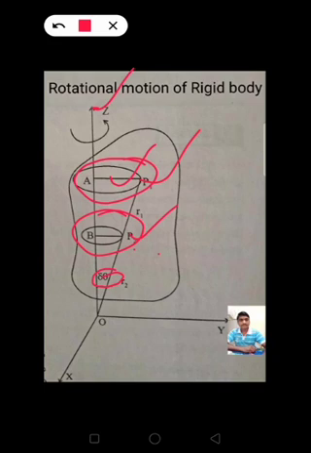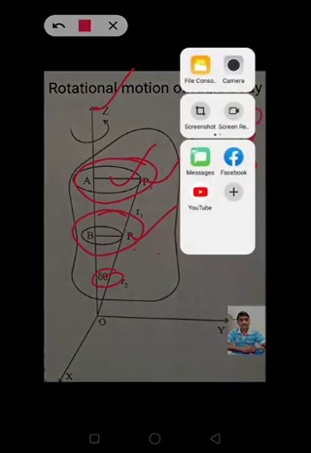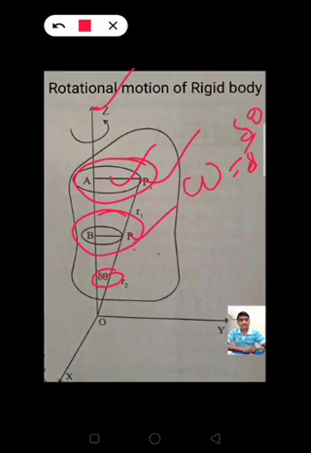Now, with the help of this angular displacement, we can define angular velocity, and angular velocity is represented with omega. Omega is equal to delta theta by delta t. So, the rate of change of angular displacement is defined as angular velocity.